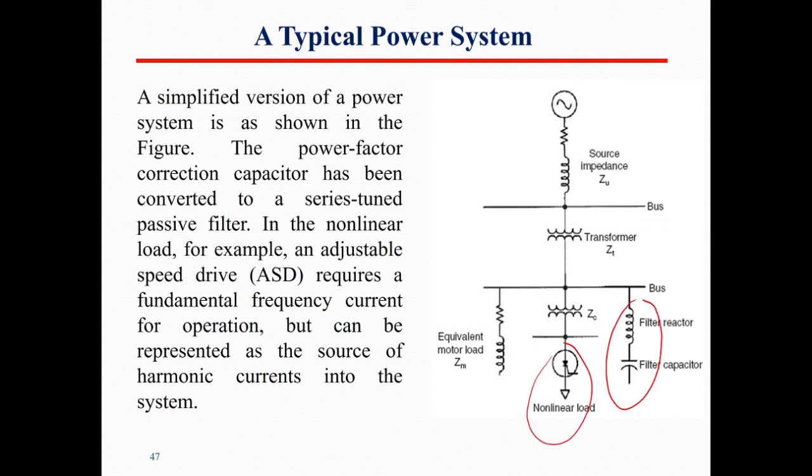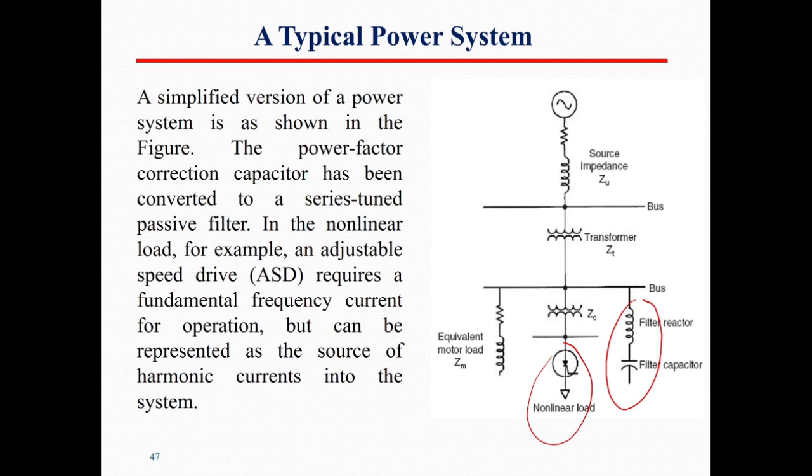The power factor correction capacitor has been converted to a series tuned passive filter. Okay, so over here the function of this capacitor bank is to provide reactive power and to improve the voltage level. Now it is converted to be a filter with the addition of the reactor.